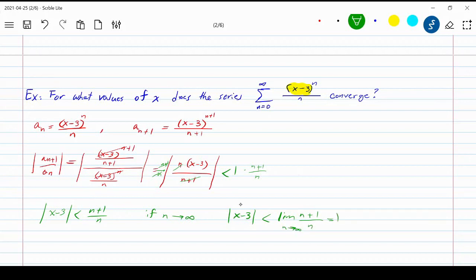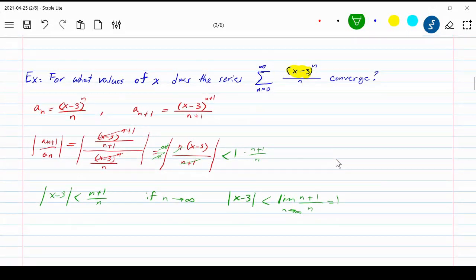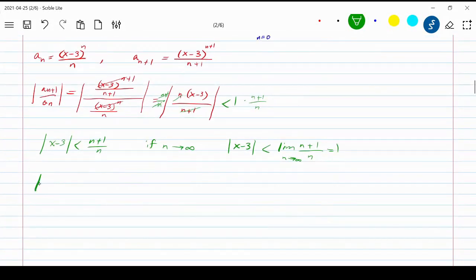So the absolute value of x minus 3 must be less than 1. So I can say the series is convergent if the absolute value of x minus 3 is less than 1.